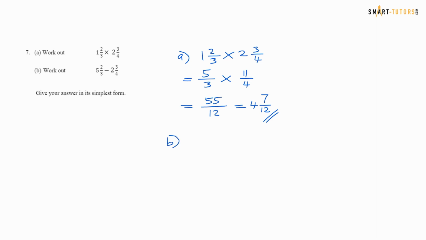The B part, 5 2 upon 3 minus 2 3 upon 4, and you can do this in various ways.